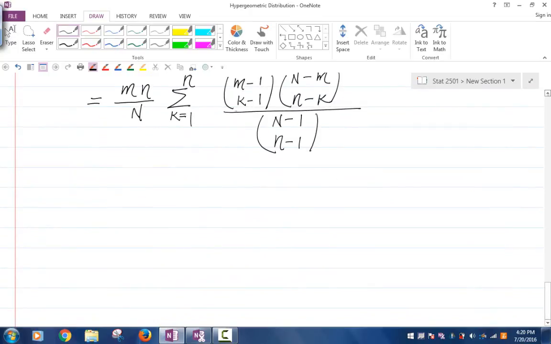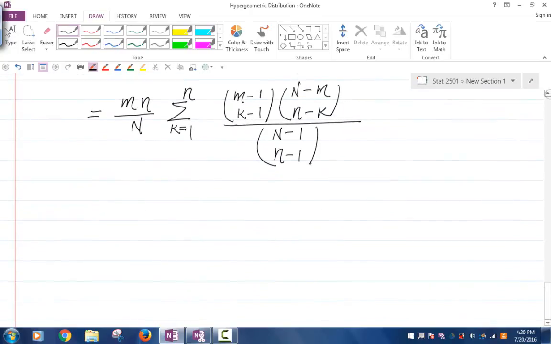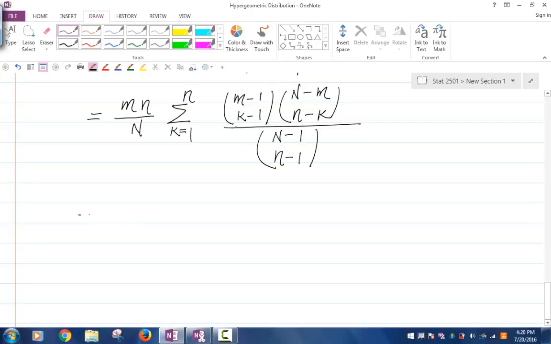Then I am going to write this as mn divided by cap N, and I'm going to replace k by k plus 1. If I replace k by k plus 1, then the index is going to go from 0 to n.